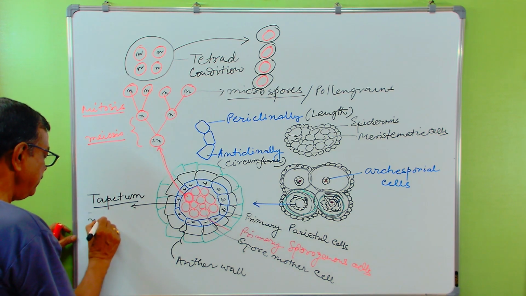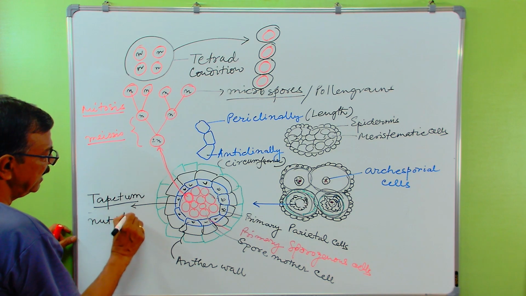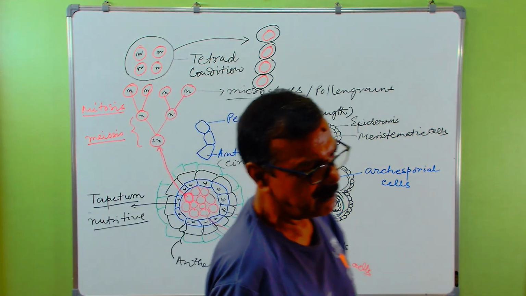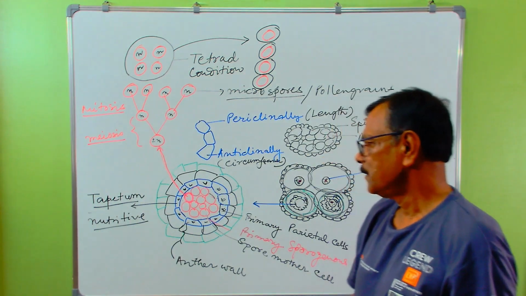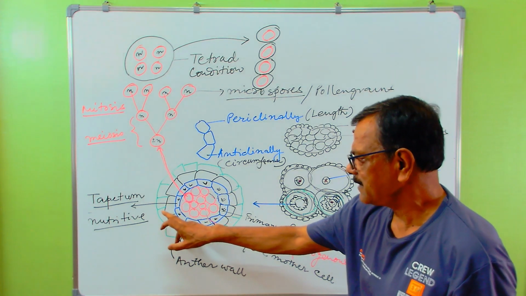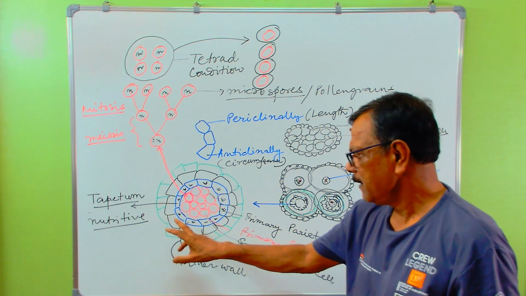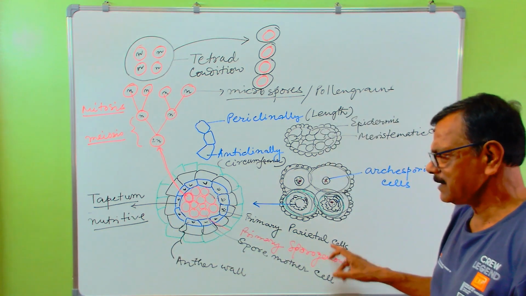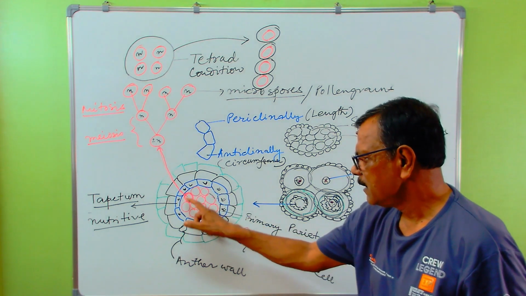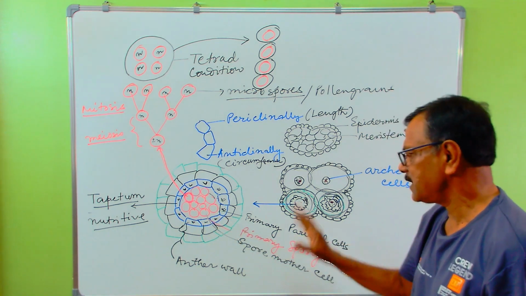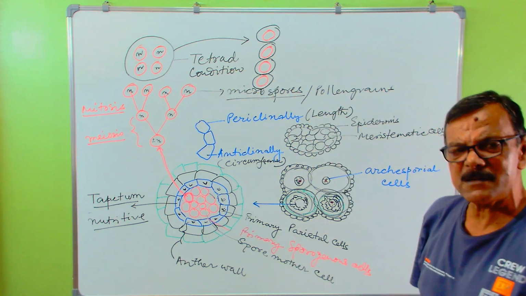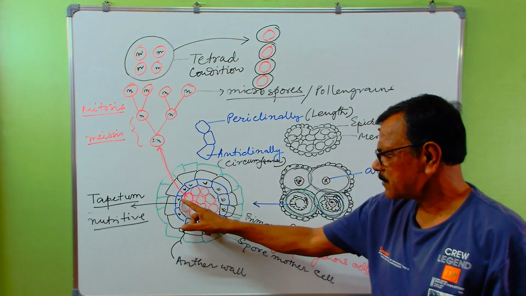They are nutritive in function. They supply nutrition to the spore mother cell. So the spore mother cell gets nutrition from the innermost layer of the anther wall, which is multi-layered, formed from primary parietal cells. This layer encircles the sporogenous tissue or pollen grains and supplies nutrition.